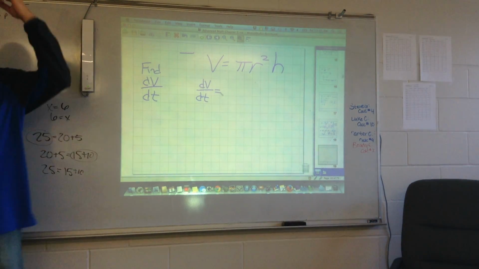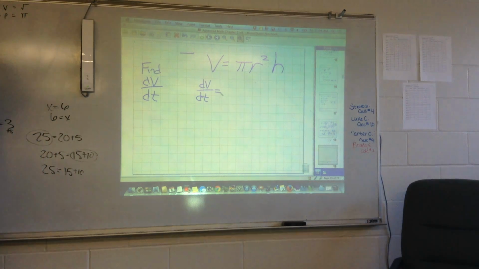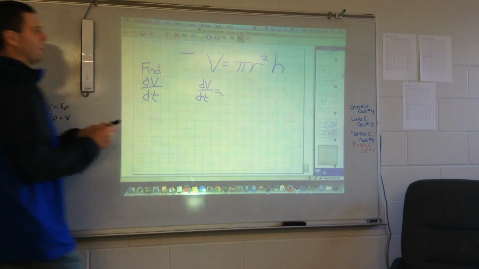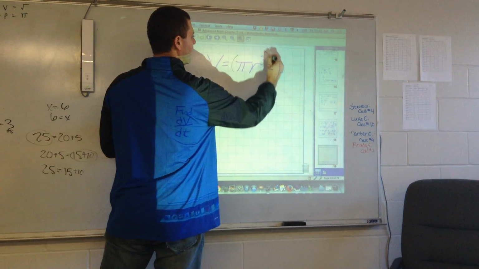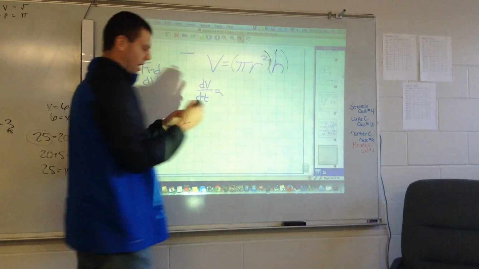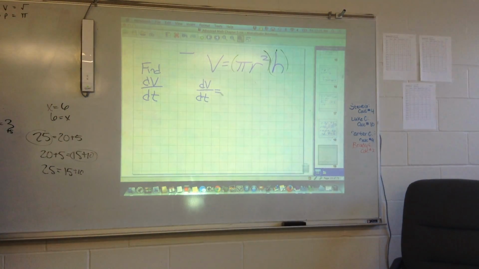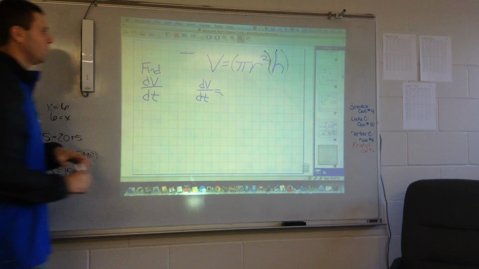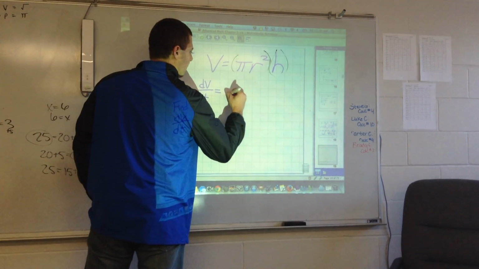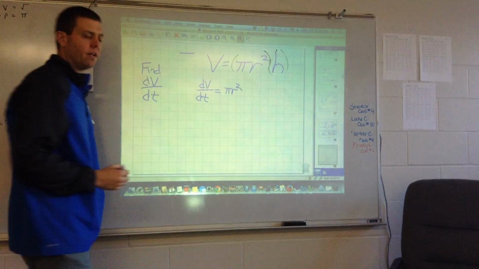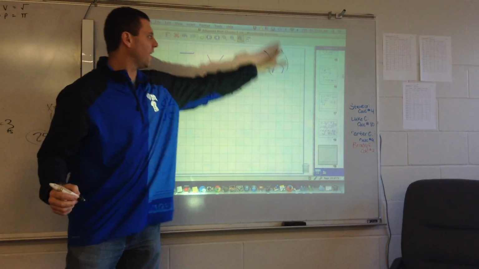On the other side, you have a product. I'm going to put the pi with the r squared, so essentially I'm going to have parentheses pi r squared as my 1, and then h as my 2, and I'm going to do the product rule. So pi r squared, there's my 1, times d2.